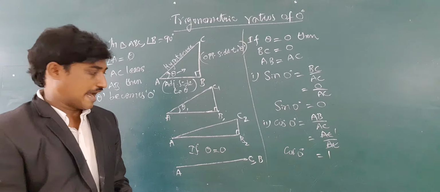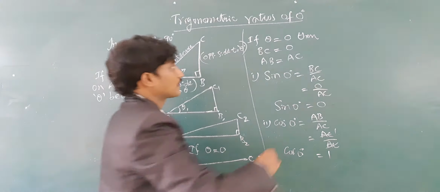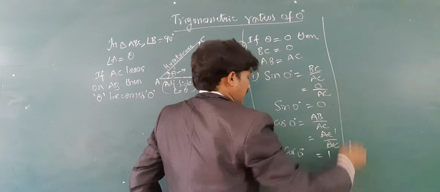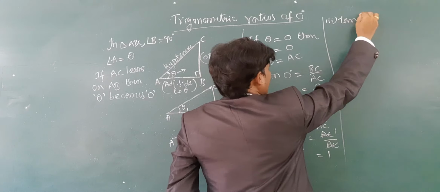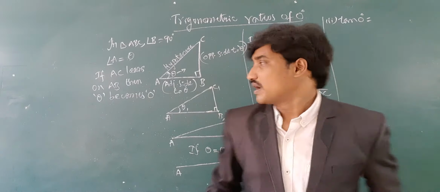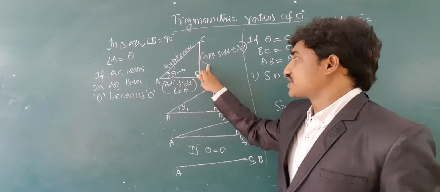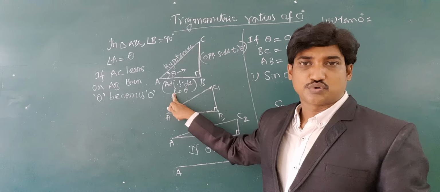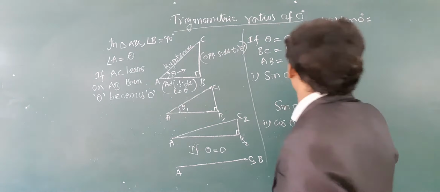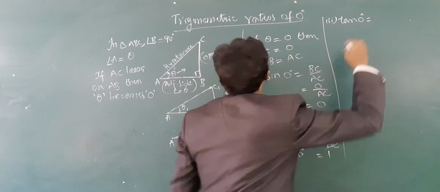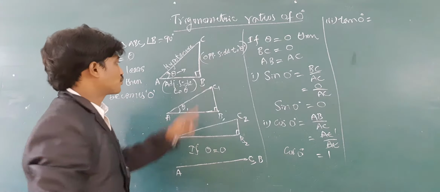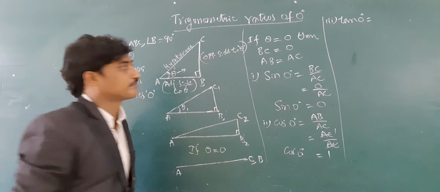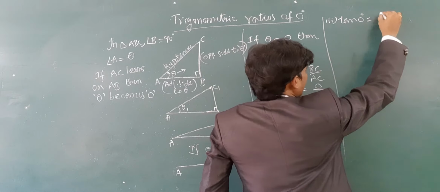Next, tan 0 degree. We know tan theta is opposite side to theta by adjacent side to theta. So opposite side to theta is BC, adjacent side to theta is AB. So BC by AB.